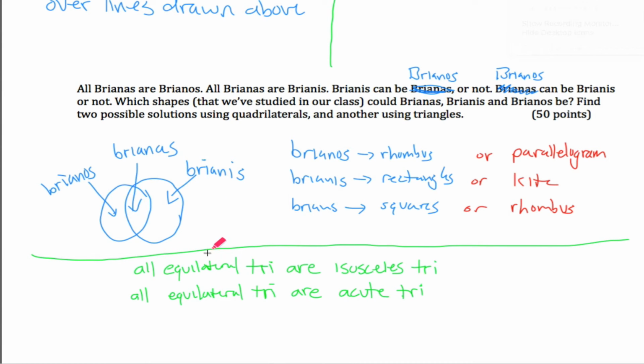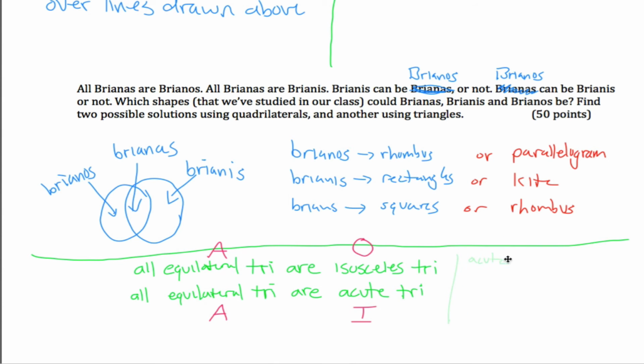It's easy. All the word that ends in A are the word that ends in O. All the word that ends in A are the word that ends in I. And let's see if we can get those last two sentences from that. Now I'm saying the word that ends in I, acute triangles.